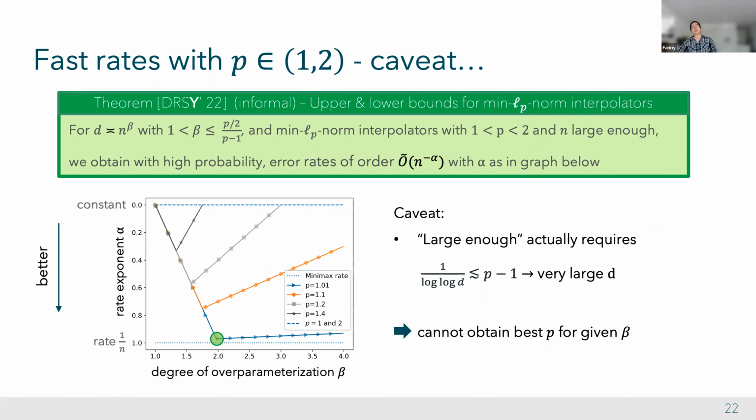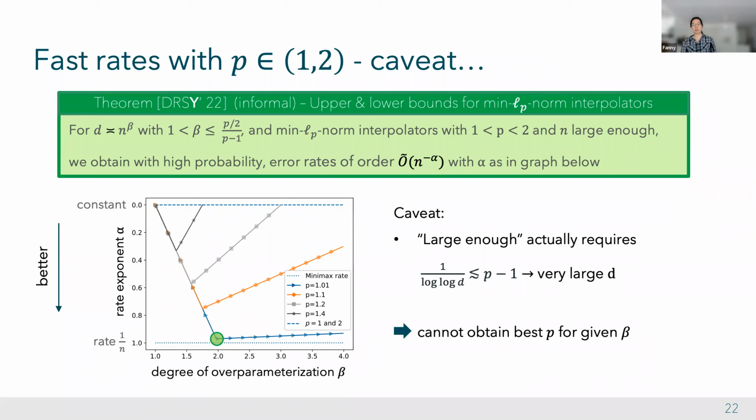And this comes from having to show concentration bounds of the Lq norm of a Gaussian vector in a very tight way, and to get high probability bounds. So this caveat is also a reason why we cannot plot the figure the opposite way around, with p on the x-axis and a fixed beta, and find the minimum, because we can only plot p up to the point of 1 over log d plus 1, instead of going all the way to 1.